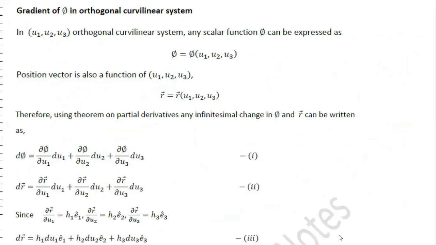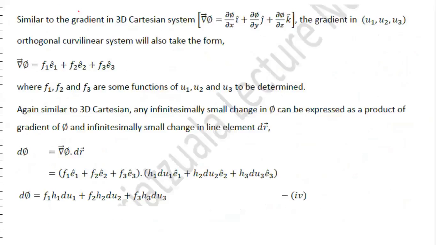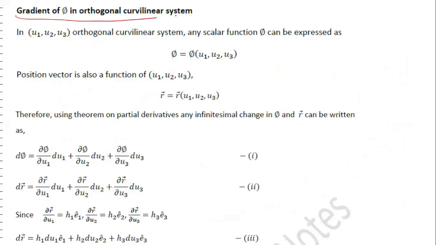Let us see how you are going to write the gradient of a scalar function in an orthogonal curvilinear coordinate system. In an orthogonal curvilinear coordinate system, instead of your x, y, z Cartesian system, you now have u1, u2, u3 as the coordinate lines or coordinate axes.